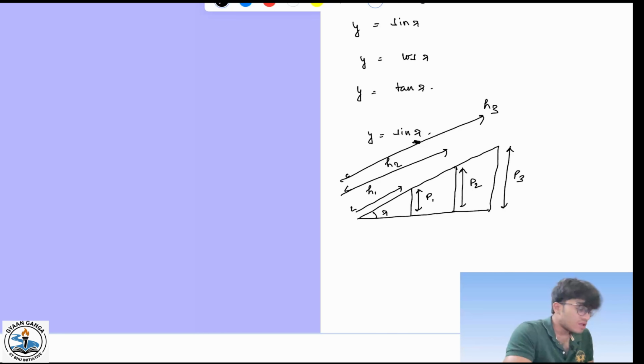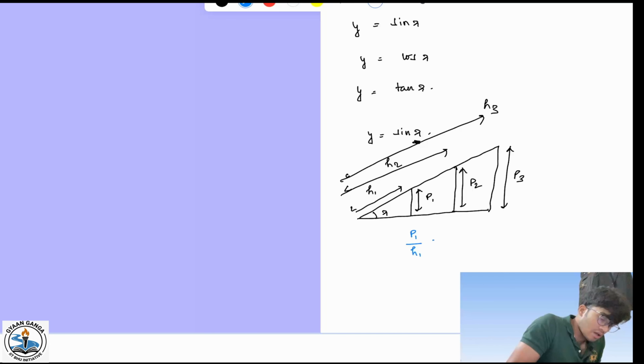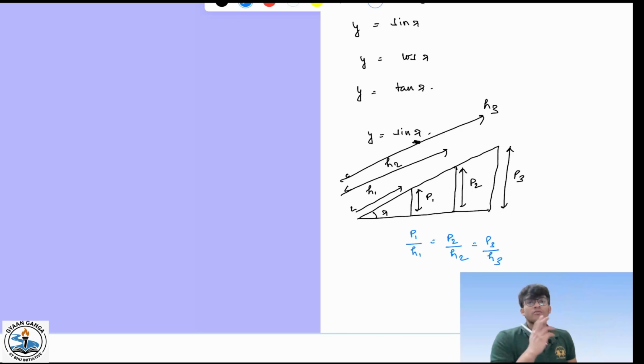Now in all the 3 triangles, you'll observe that p1 by h1 is equal to p2 by h2, which in turn is equal to p3 by h3. So regardless of the size of the right angle triangle you choose, if one of the angles is x, the ratio always remains the same.